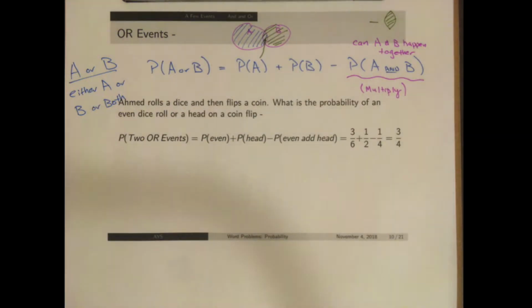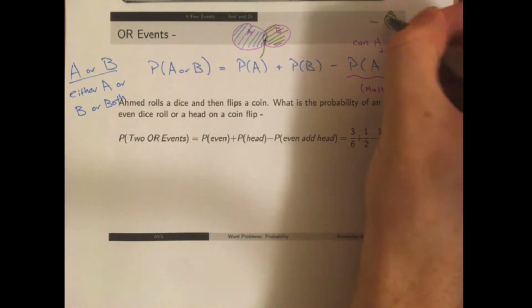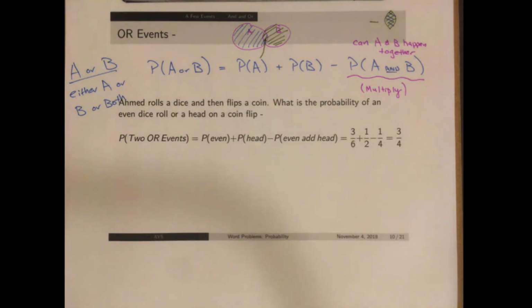It was counted once in the probability of B, and once in the probability of A. So if we subtract it off once, now it's counted once, which is what we wanted. So when are you going to have to subtract off the probability of A and B? You're going to have to subtract them off when the two events, A and B, can happen at the same time. And if they can't happen at the same time, then don't subtract them off.